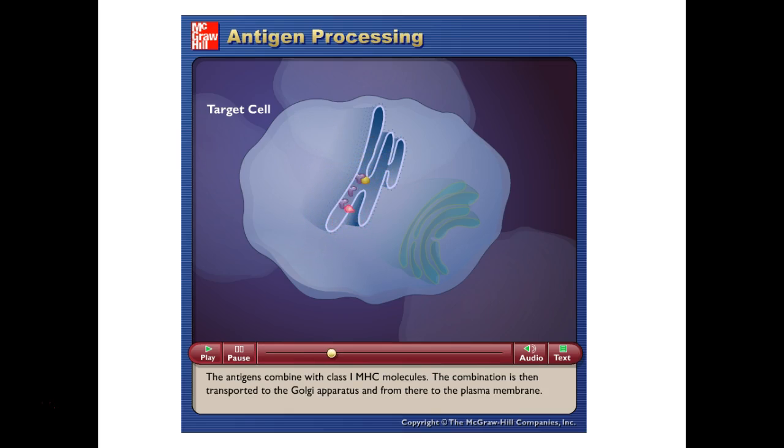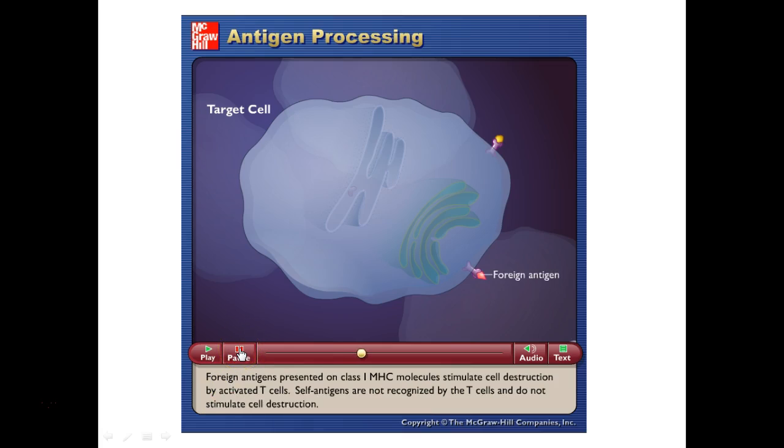The antigens combine with class I MHC molecules. The combination is then transported to the Golgi apparatus and from there to the plasma membrane. Foreign antigens presented on class I MHC molecules stimulate cell destruction by activated T cells.